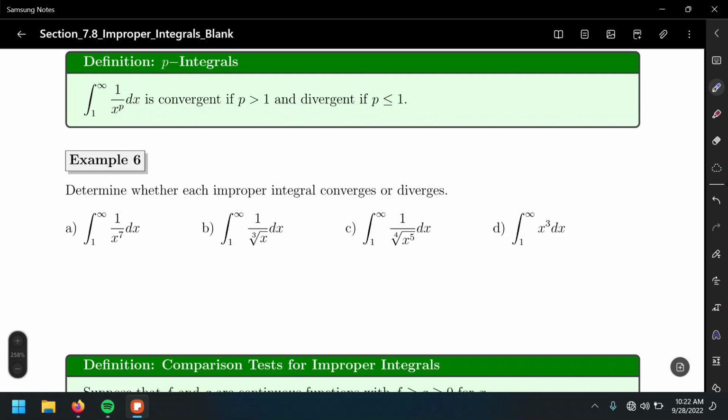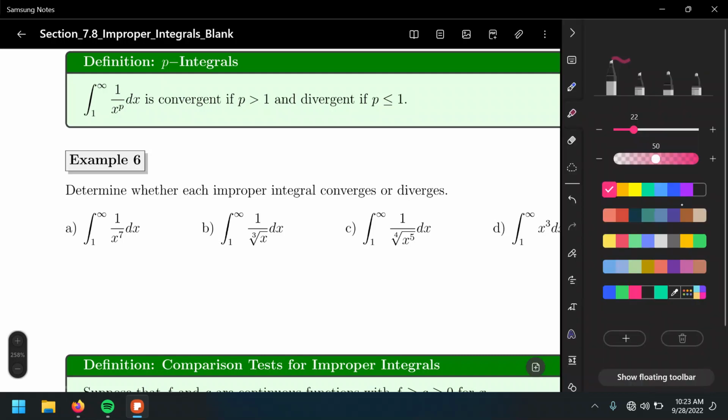Whenever we have an integral of the form 1 over x to the power p, all we have to do is observe the value of p. On the one hand, if the value of p is strictly greater than 1, then all we say is that the integral converges.